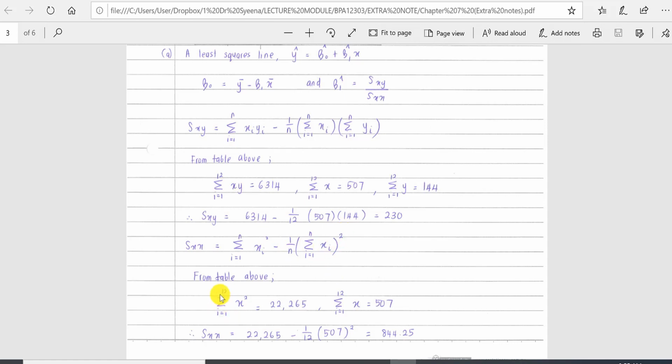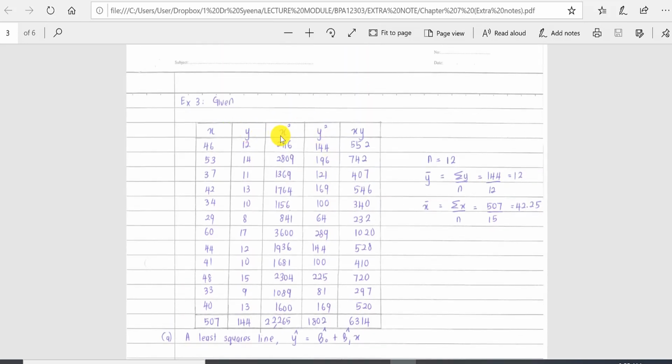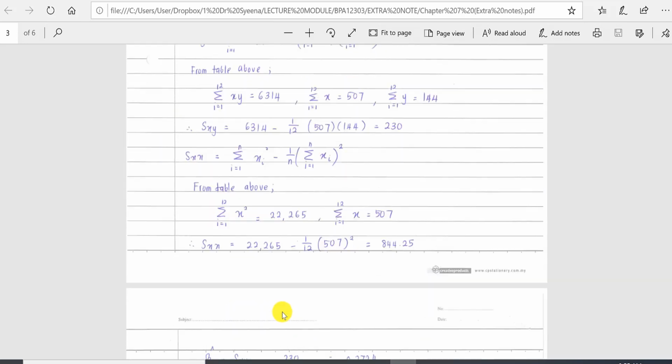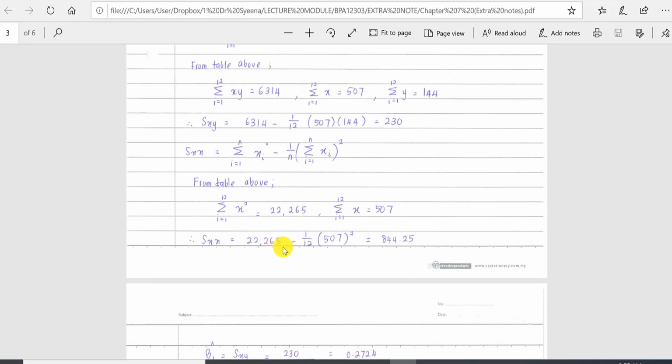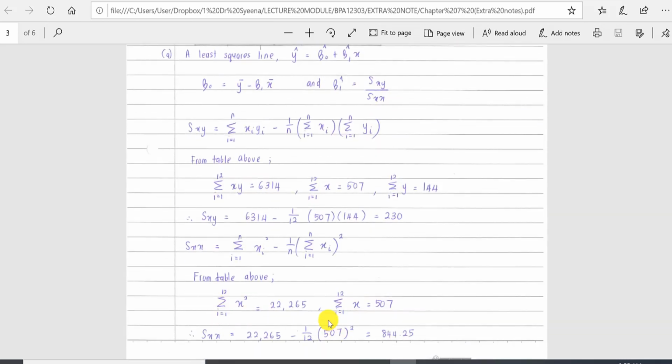The summation of x squared is 22265, and the summation of x is 507. So we have 22265 minus 1/12 times 507 squared. Then you get 488.25.